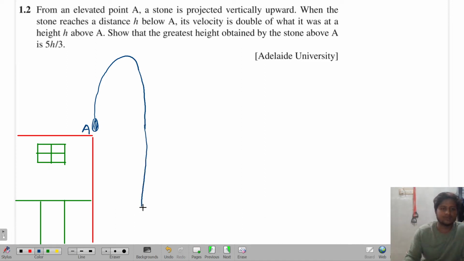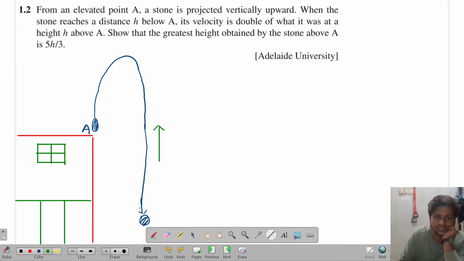Let's suppose this particular point where the ball has come down is at height h below. So this is the point at height h below A.